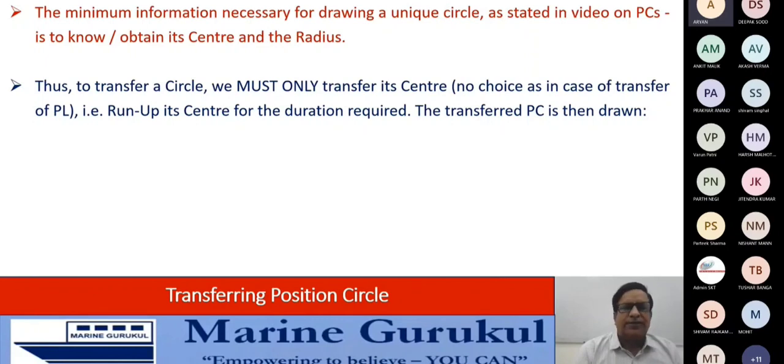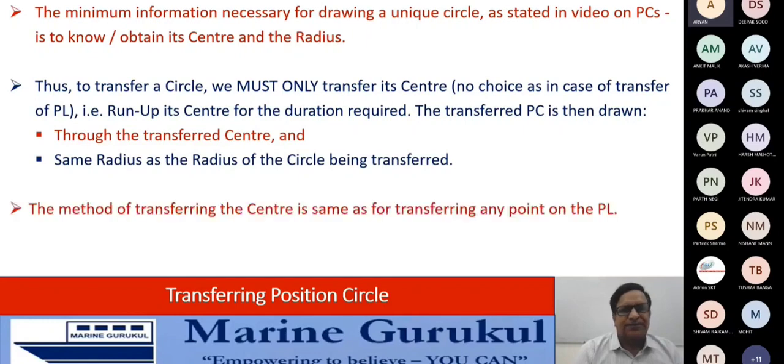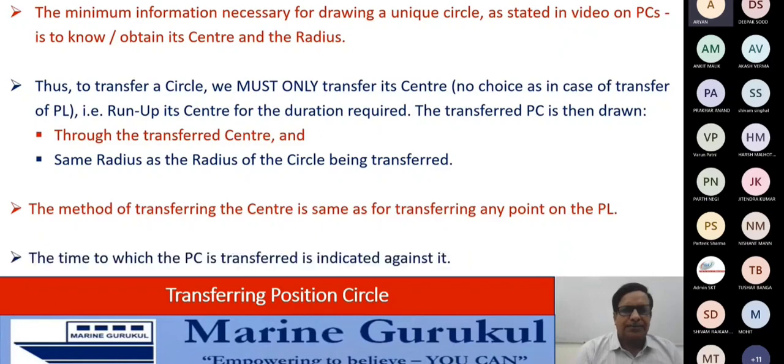The transferred PC is then drawn through the transferred center and same radius as the radius of the circle being transferred. The method of transferring the center is the same as what we learned in the method for transferring any point on the PL. The time to which the PC is transferred may be indicated against the transferred PC plotted on the chart.